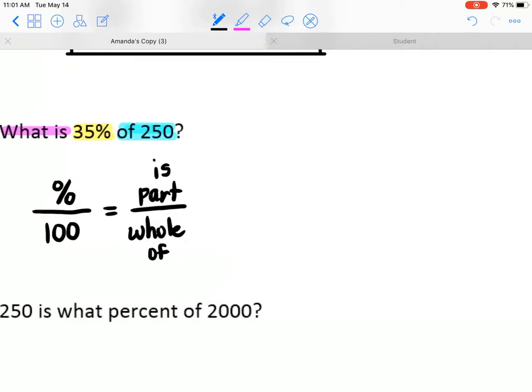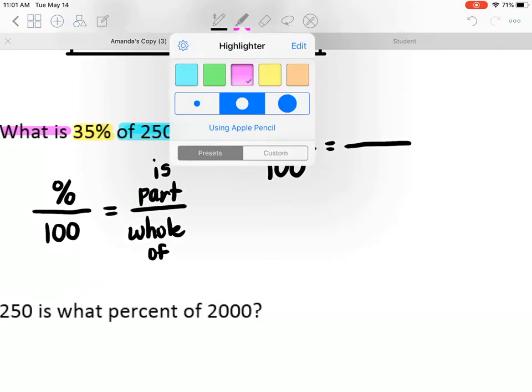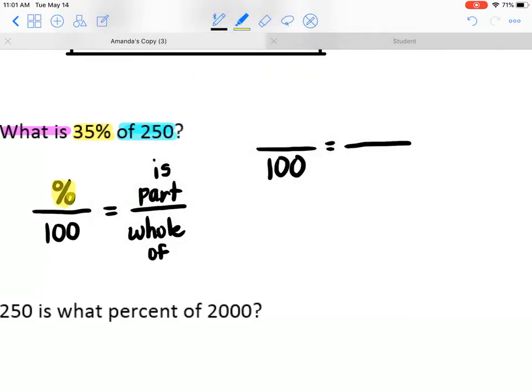So I come over here, I'm going to set this proportion up again. And I know that my 100 is built in right there. So do we know a percent? Do we know that piece? Well, yes, we do. It's the 35. So I'm just going to set that in right there.